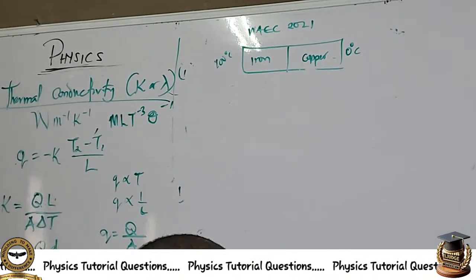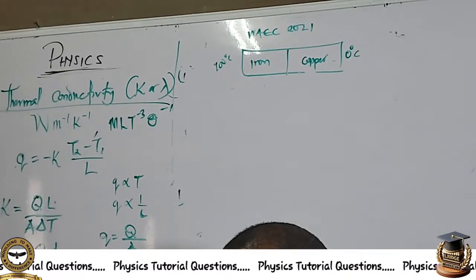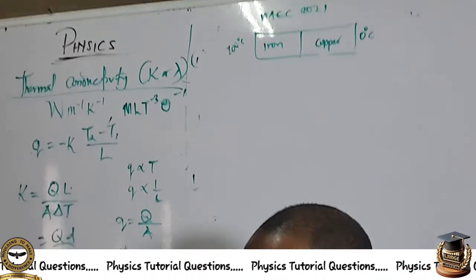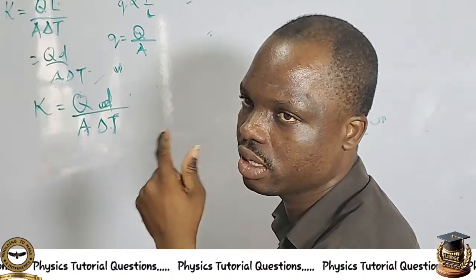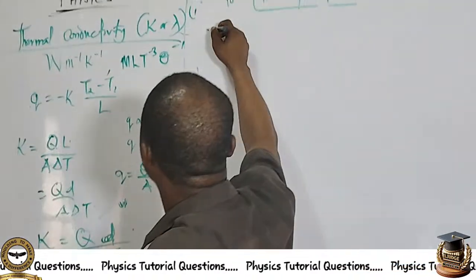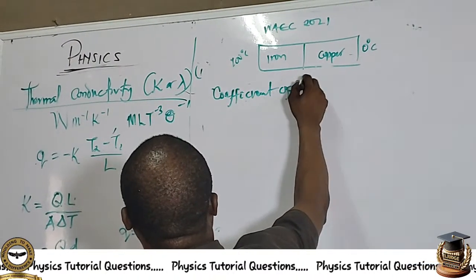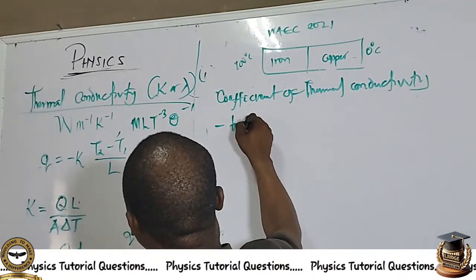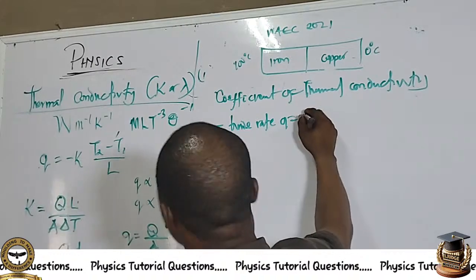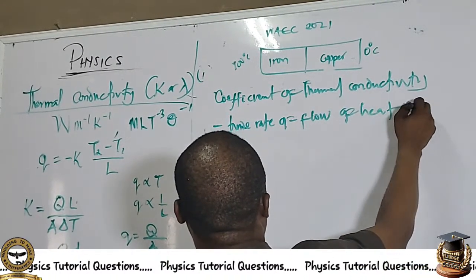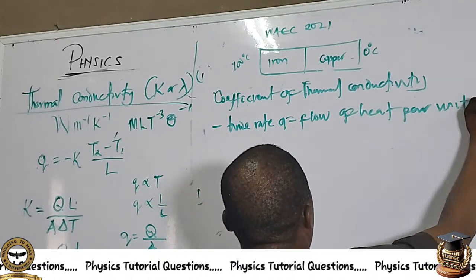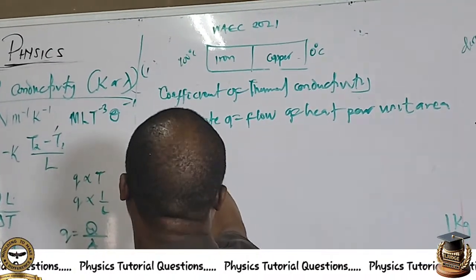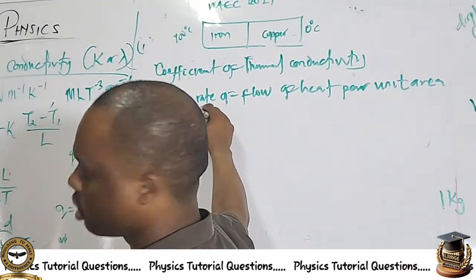The coefficient of thermal conductivity of a material, that's K itself, is the time rate of flow of heat per unit cross-sectional area per temperature gradient.